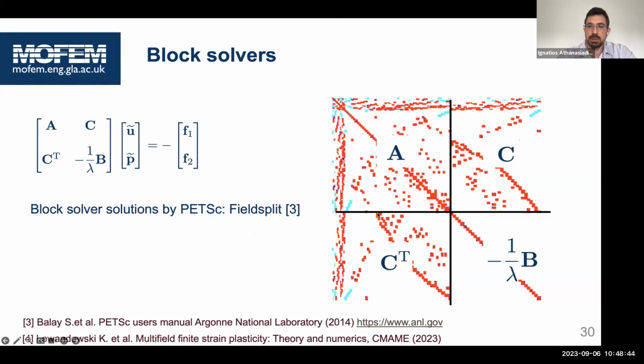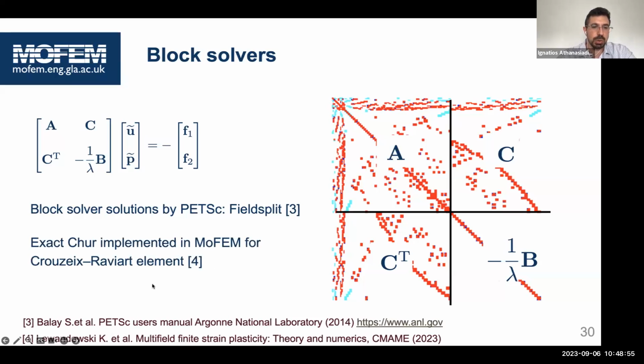But as I said, when choosing L2 space for pressures, there are emerging features that we can take from this structure. And there has already been published work regarding a different kind of problem, where there was an exact Schur implementation when the system of equations involves L2 spaces. And you can find this in this publication.